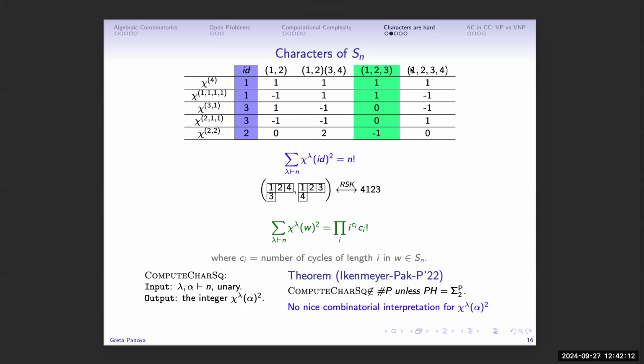And most people assume that all these levels in the polynomial hierarchy are different, just like P is not equal to NP. And so there would not be a combinatorial interpretation for these numbers.